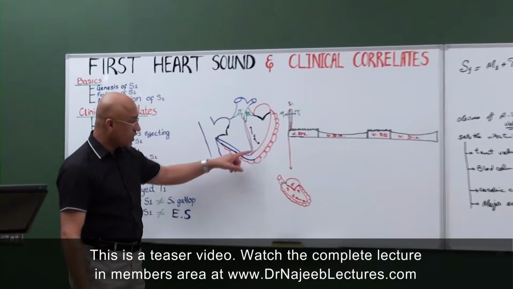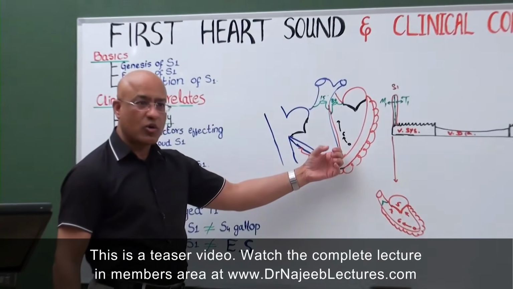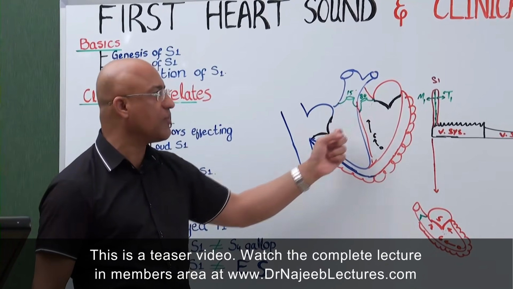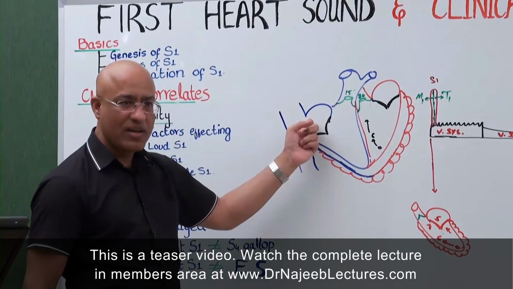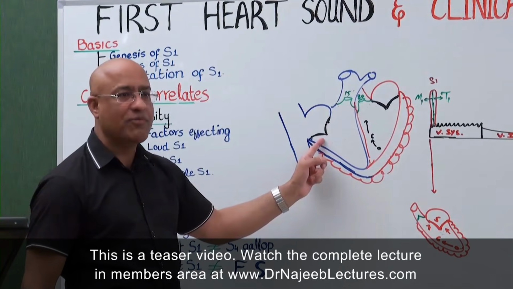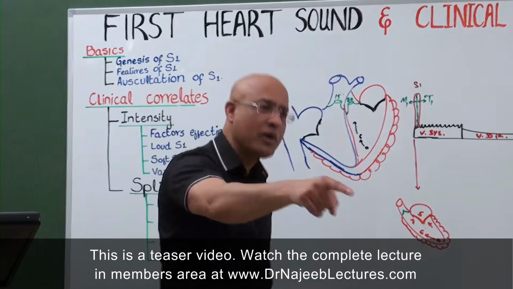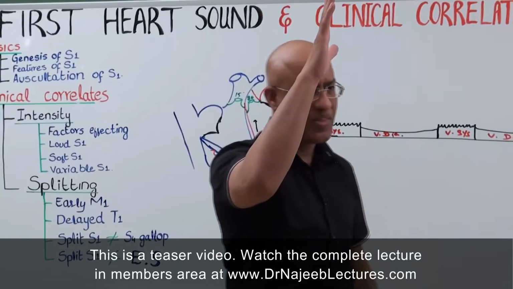When ventricles start contracting, pressure in the ventricles goes up. As soon as pressure in the ventricle is more than in the atria, the atrioventricular valves close and produce vibrations which produce the first heart sound.